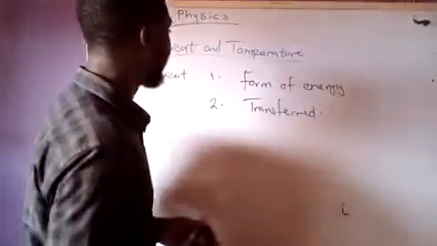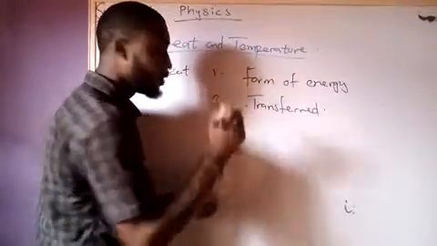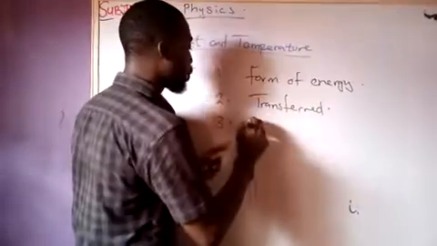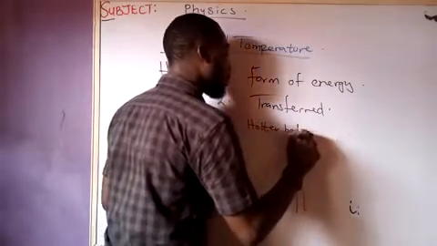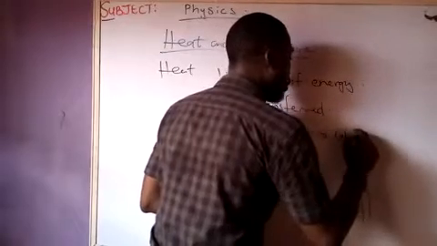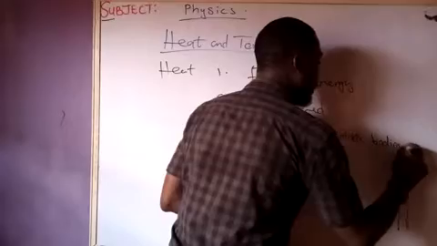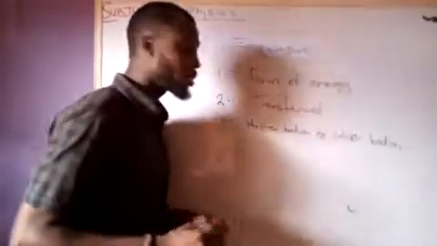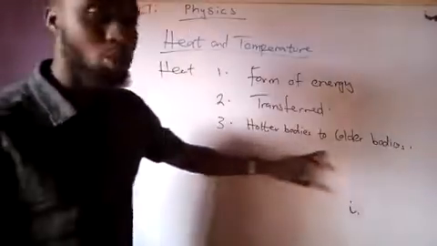Now, the third point in the definition of heat is that it's being transferred from hotter bodies to colder bodies. This definition is very important. Under normal circumstances, heat is transferred from hotter bodies to colder bodies.